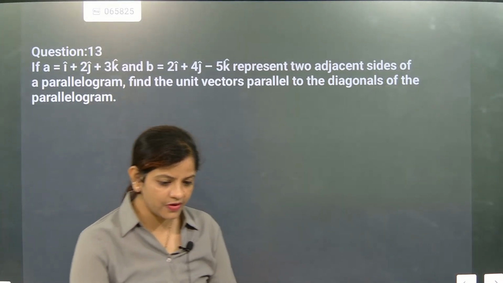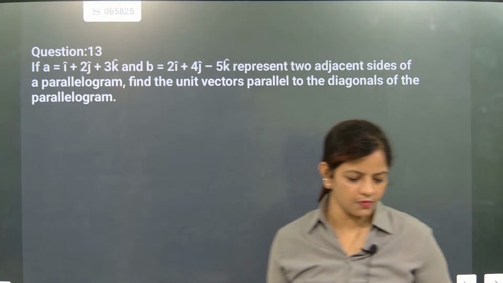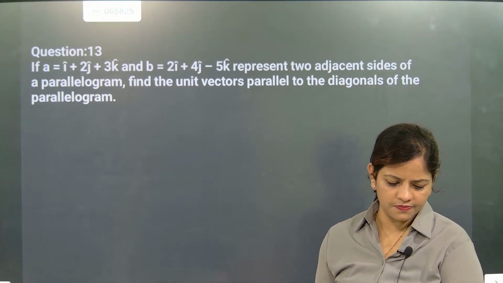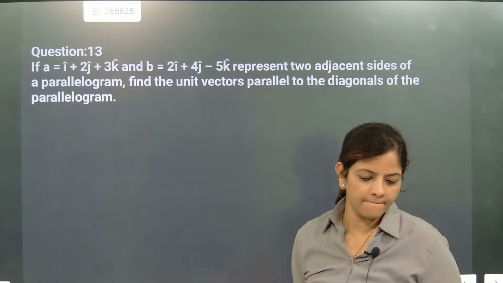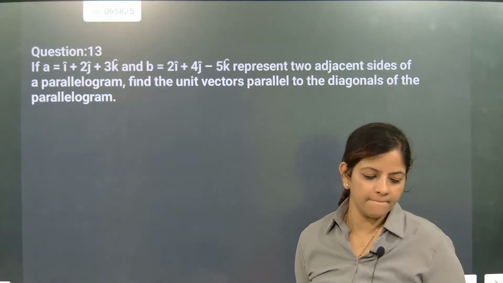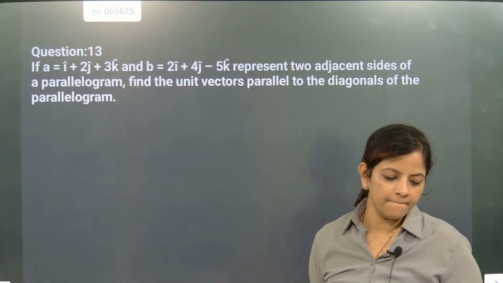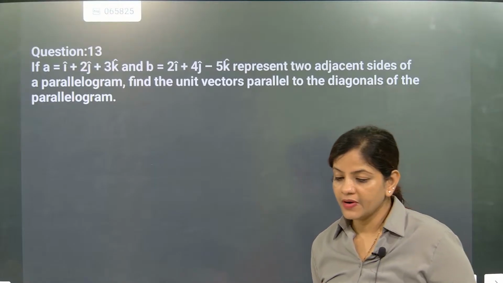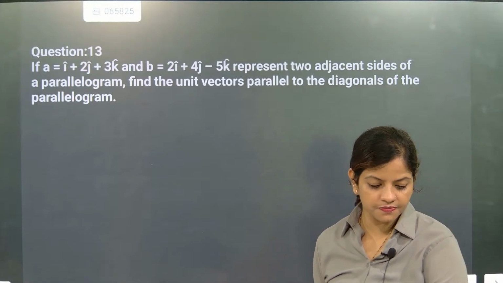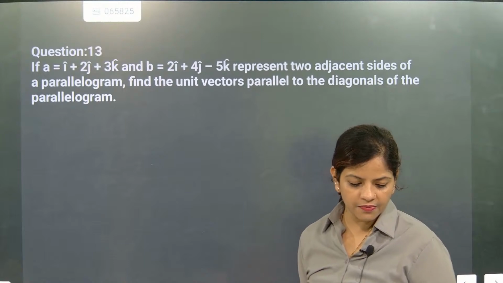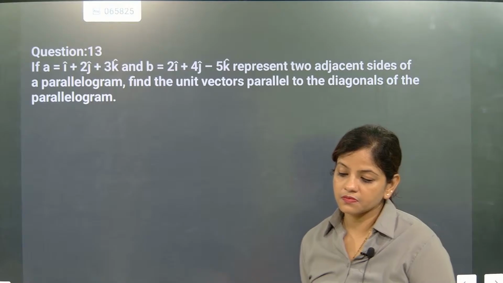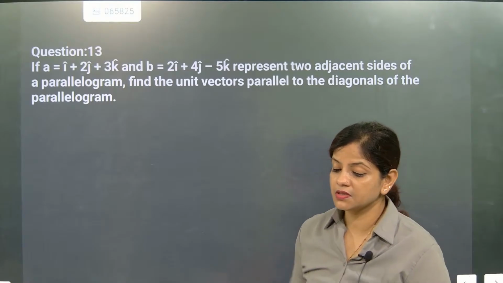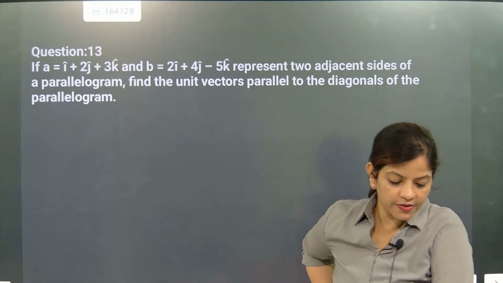Please try this question, everyone, and give the answer. Adjacent means like this. Try.